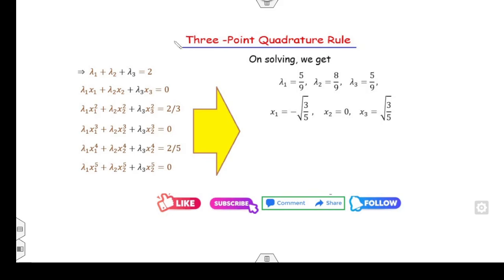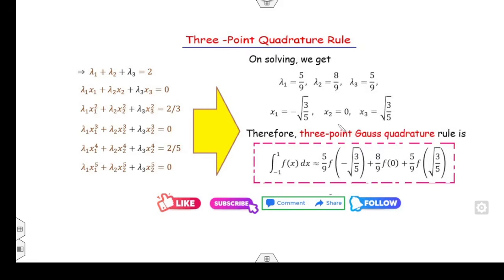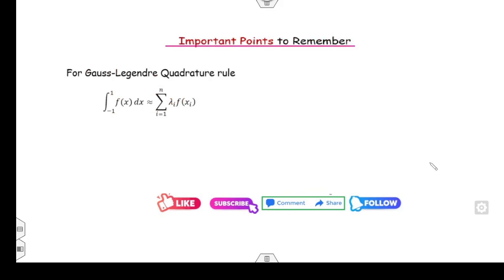Again, once I cover the 3-point quadrature rule, I will tell you the detailed derivation of how you can solve them. Again, you can see the sum of the xi is 0. So therefore, the 3-point Gauss quadrature formula is lambda 1 f of x1, lambda 2 f of x2, lambda 3 f of x3.